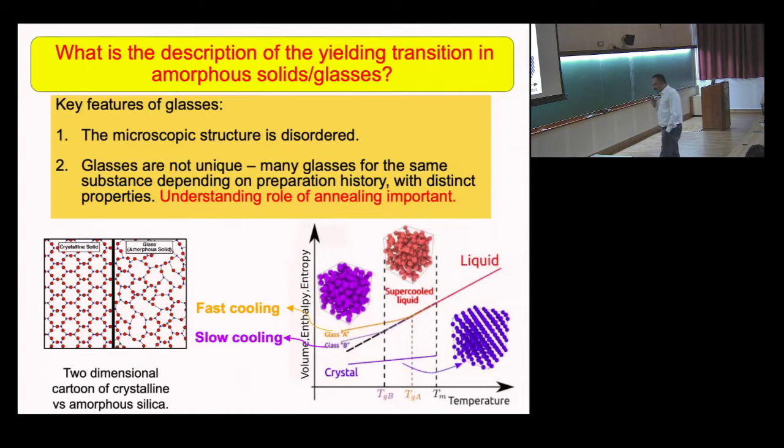As compared to crystalline solids, a key difference for amorphous solids is that the glass you study is not unique. It depends on the preparation history, and in turn, the properties and the yielding behavior, as mentioned in the previous talk, depend on this preparation history.